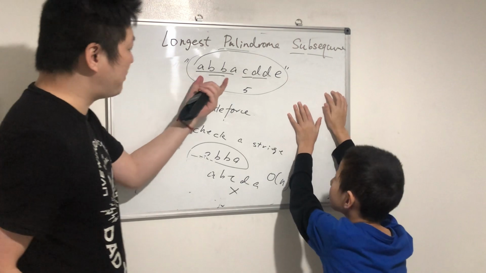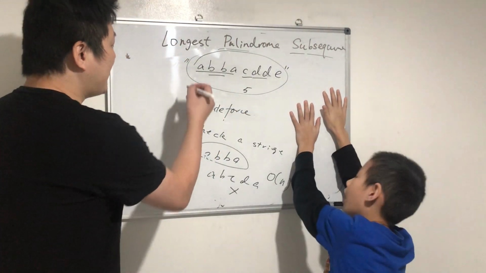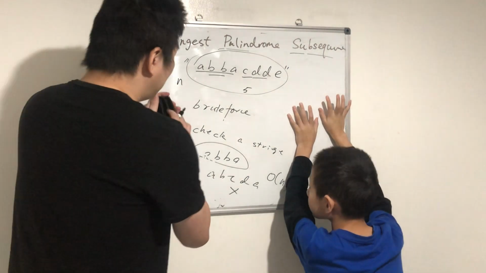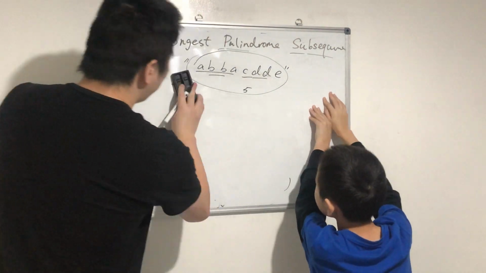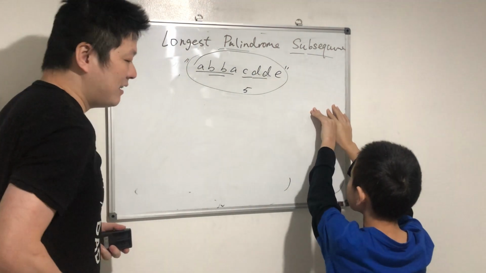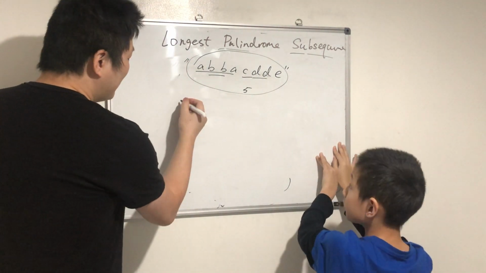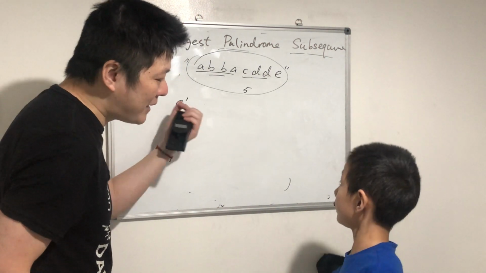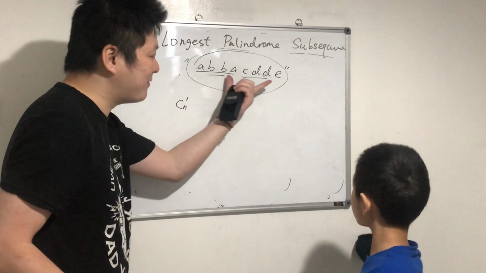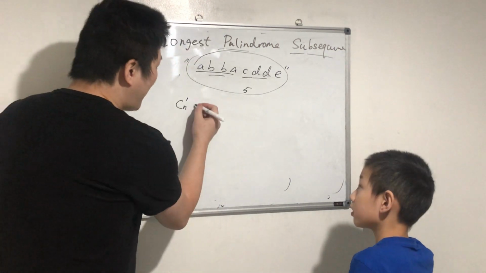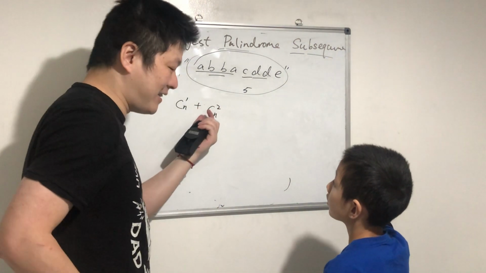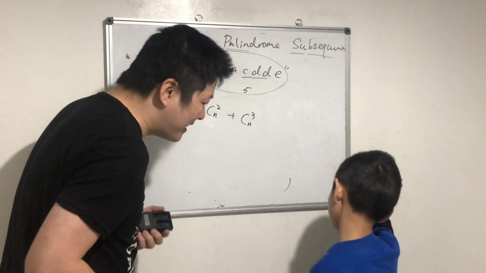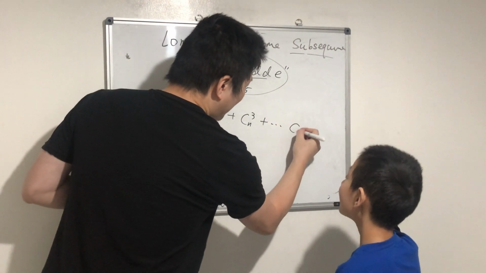So basically, given n characters, I want to find C(n,1), picking one out of n, plus picking 2 out of n, plus picking 3 out of n, and so on, up to picking n out of n.